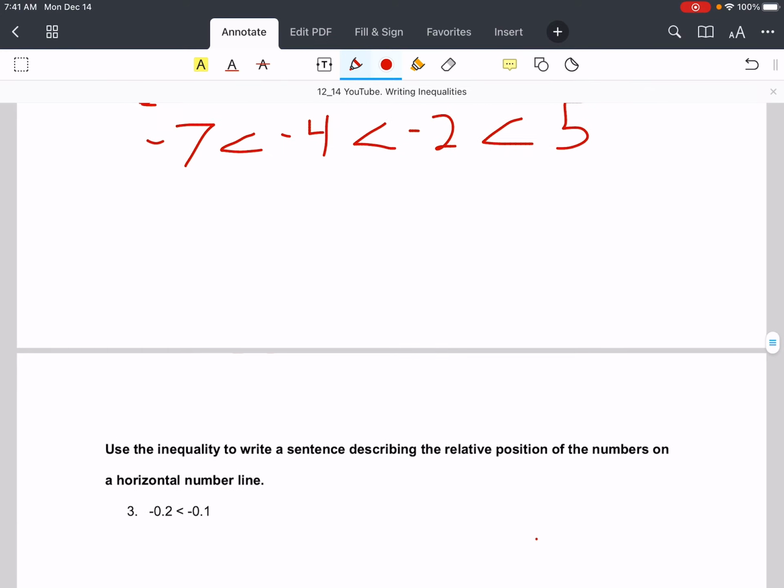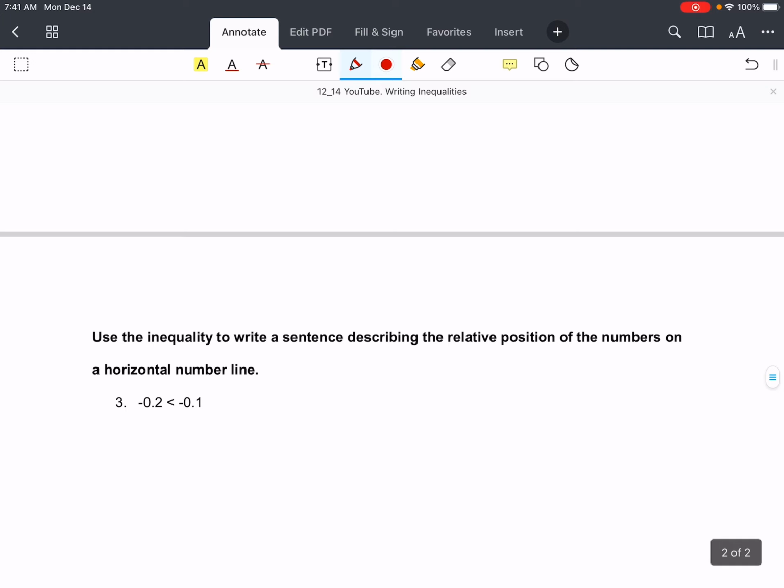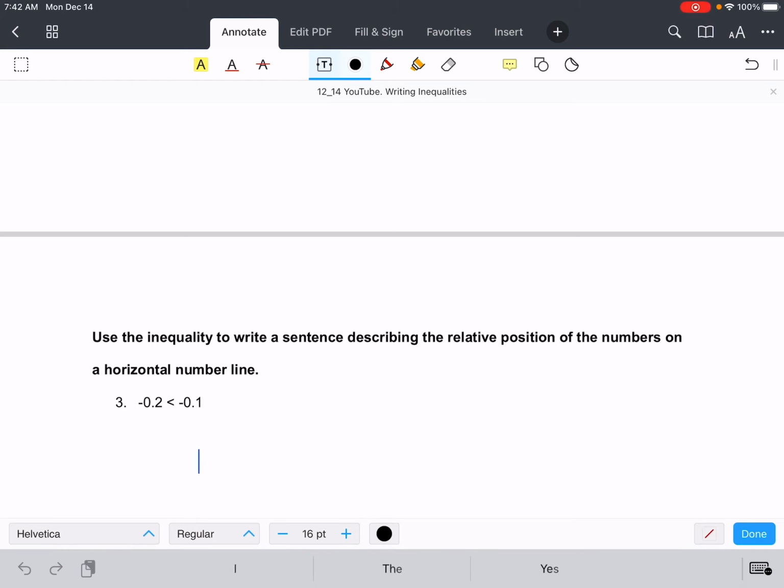Example 3. So here they give you a sentence. It says, use the inequality to write a sentence describing the relative position of the numbers on a horizontal number line. So this is just asking whether the first number is to the left or right of the second number. So here we can read the inequality as negative 0.2 is less than negative 0.1, and we know that the smaller numbers are to the left of the bigger numbers on a number line.